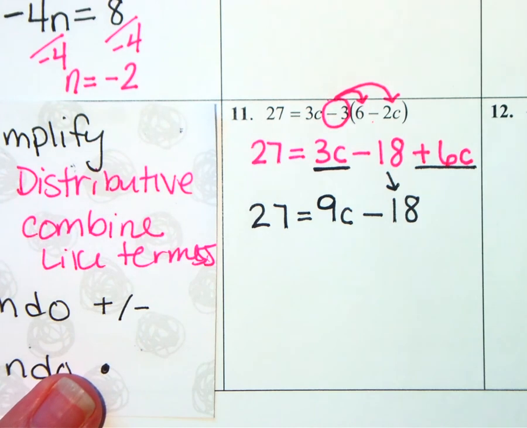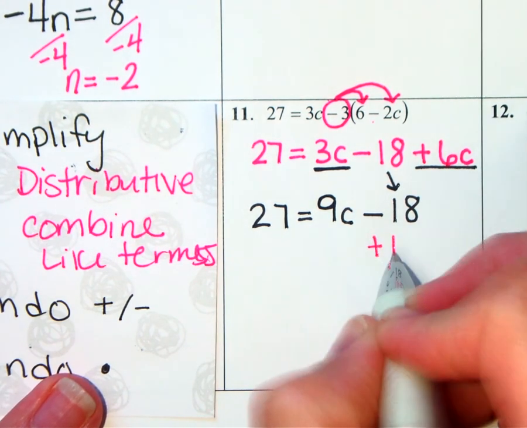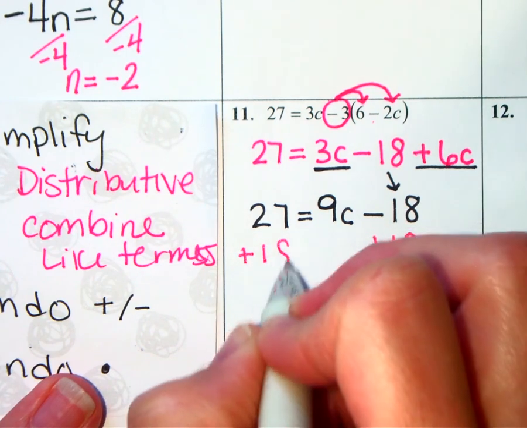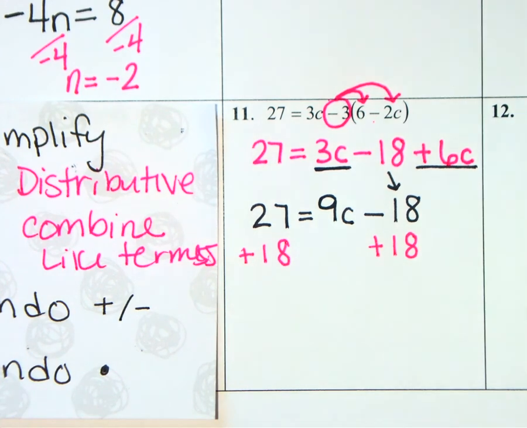Now I'm ready to get rid of my plus minus number, so that 18, I'm going to add 18 to both sides. So 27 plus 18 is 45.